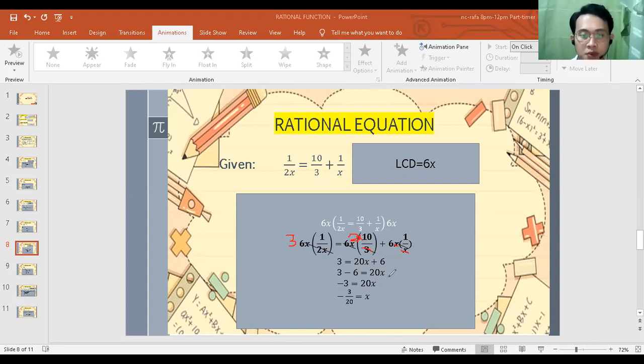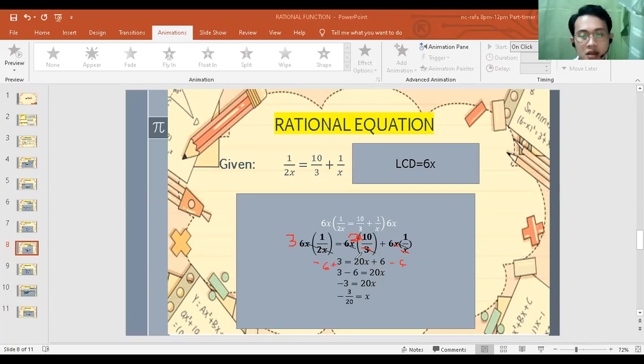After that, you regroup, applying the subtraction property of equality. Since we have 20x here and we have plus x, your 6 should be regrouped to 3. In order to regroup that, we subtract 6. So let me demonstrate here. Minus 6, and also on this part we have minus 6.